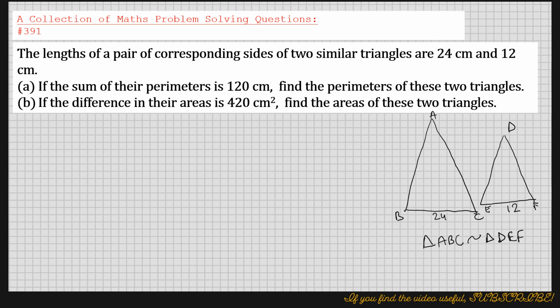Let AB be a and AC be b, and DE is x and DF is y.